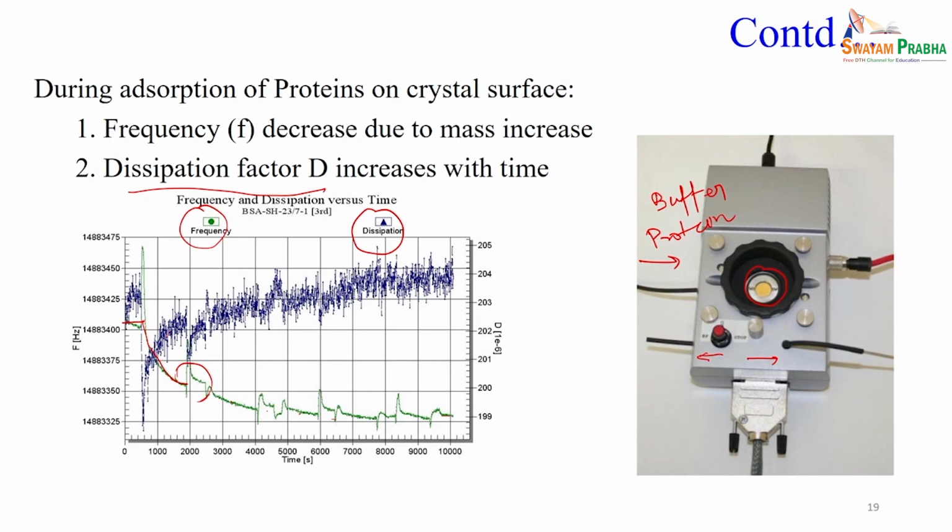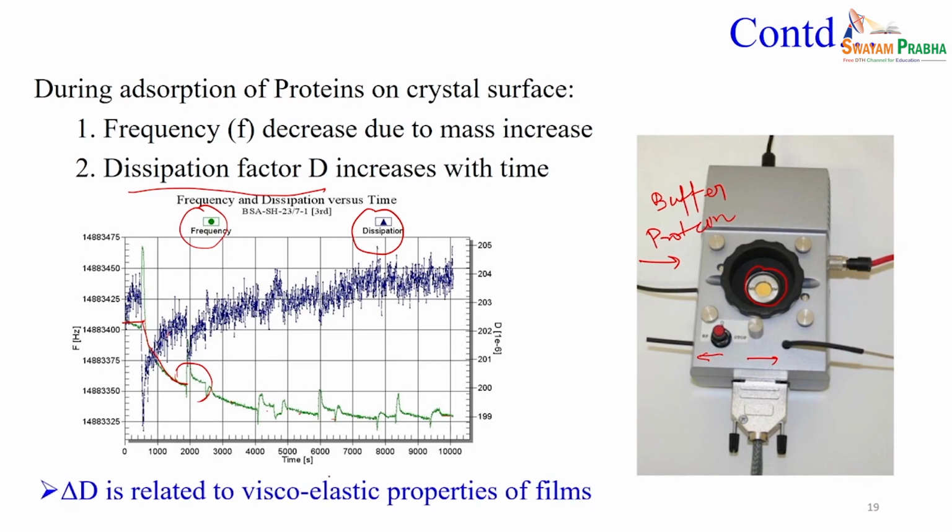It indicates that the energy dissipated is increasing because of the presence of the adsorbed layer. So, we monitor both: frequency, which is used to analyze the adsorbed mass, while the dissipation factor, or D, is analyzed to monitor the viscoelastic properties of the adsorbed layer.